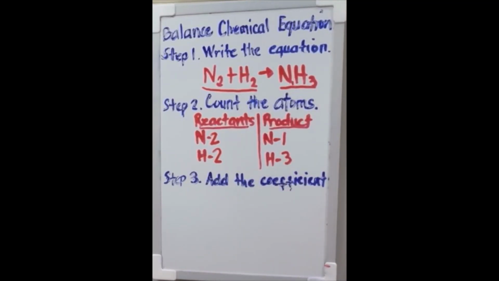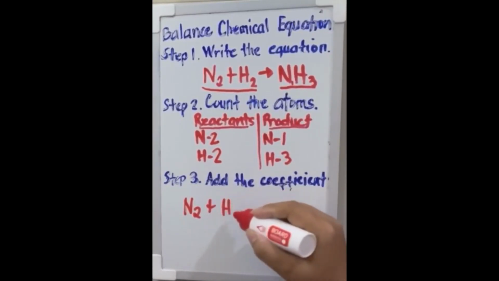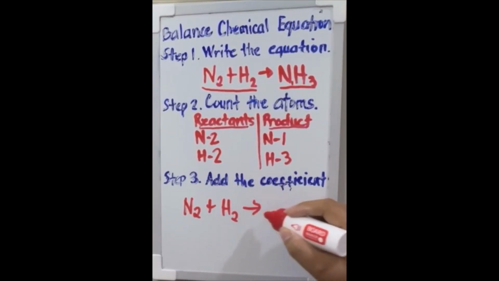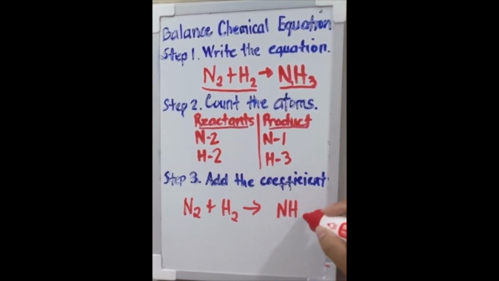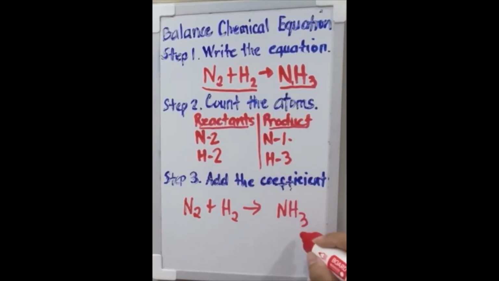So next we add the coefficients. Writing again this equation, we will now be adding the coefficient. For nitrogen, we have 2 on the reactants and 1 on the product, so let's make this 2 by writing the coefficient 2 before the compound.